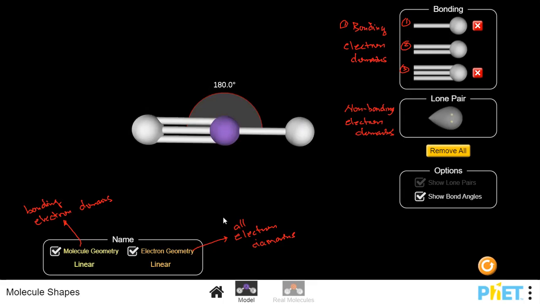You notice then that, changing the bonding electron domains, we still count each type of bond as a single electron domain. So for the center atom, we have 2 different electron domains: a triple bond electron domain and a single bond electron domain. The triple bond does not count as 3 separate domains. It has 3 bonds, but the triple bond as a single entity counts as 1 electron domain.